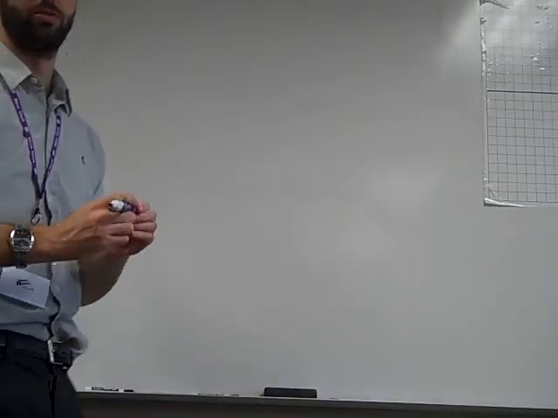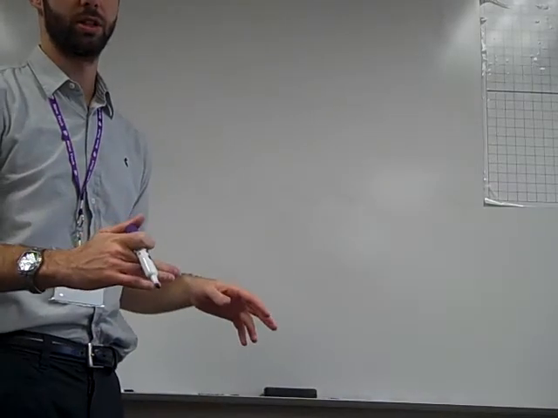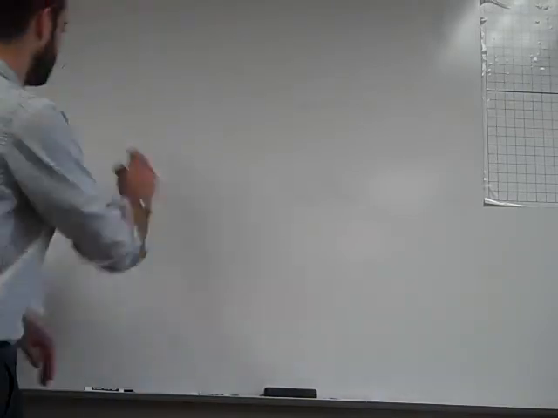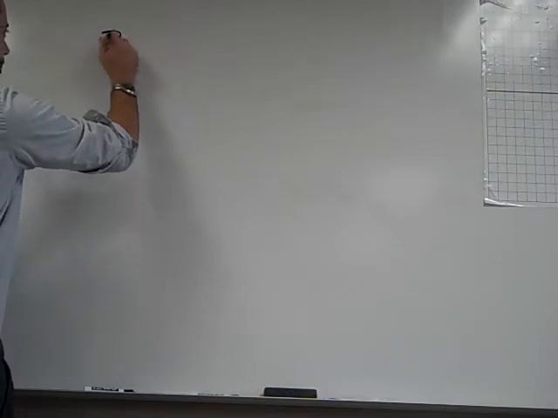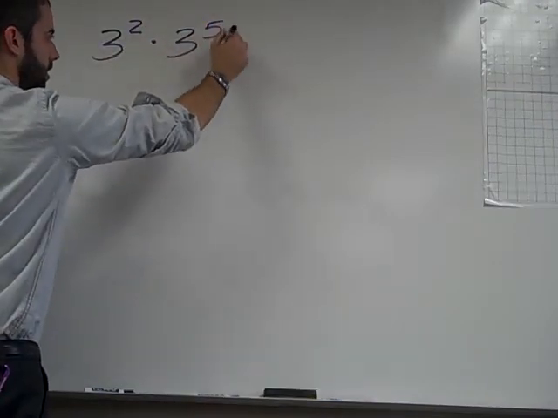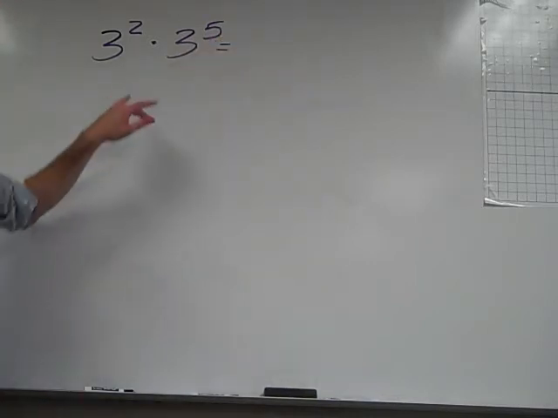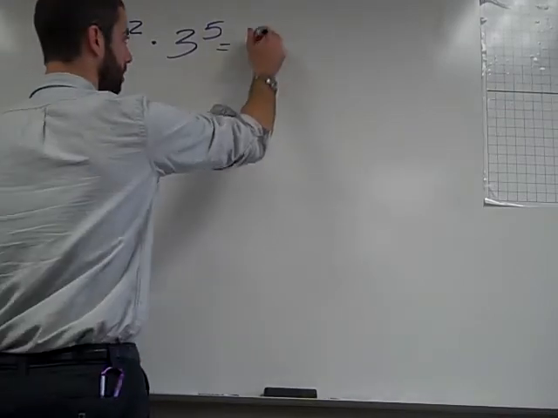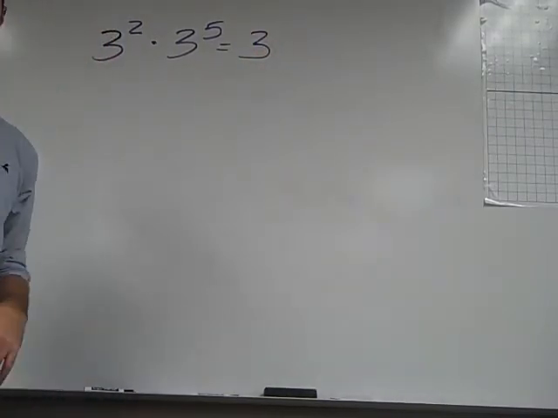Comes down to multiplying exponents with the same base. So with this, right here, my bases are the same. So my answer is also going to be the same base.